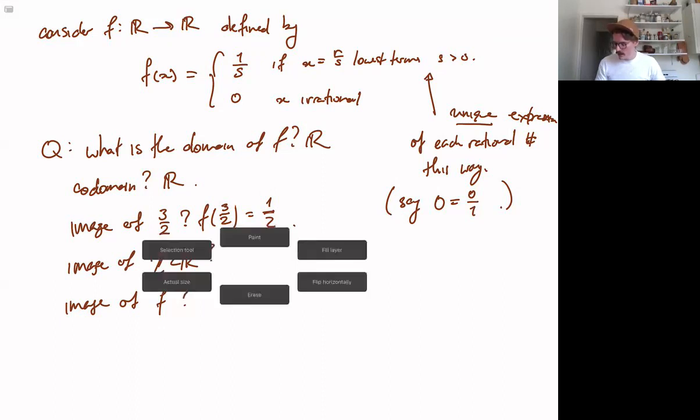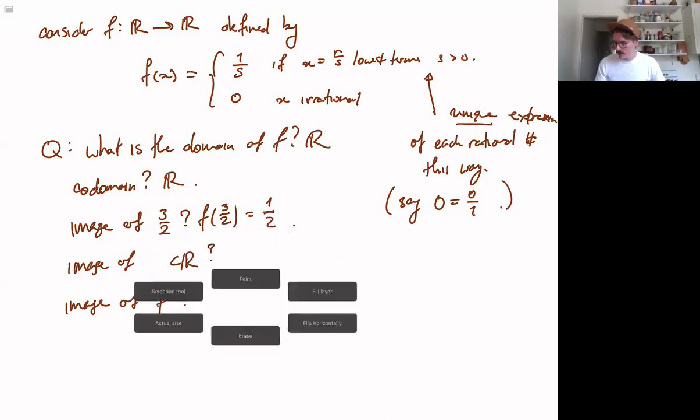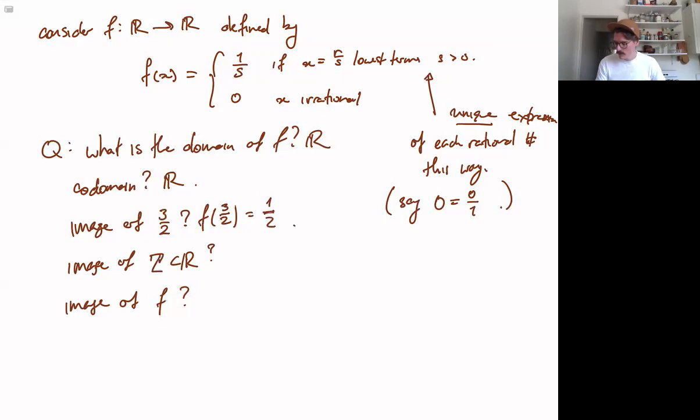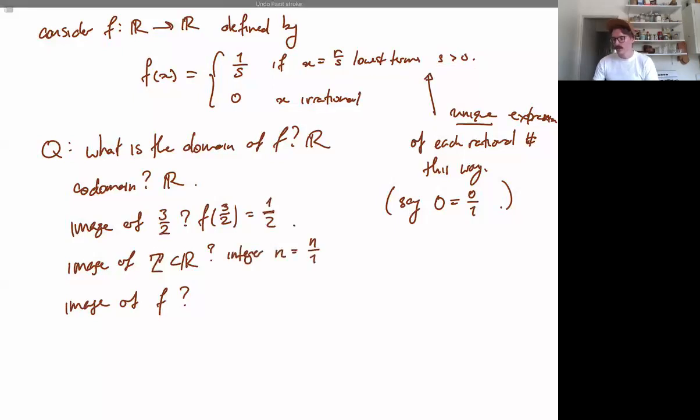What is the image of the integers, which are a subset of R? So an integer, the way we write this in lowest terms with positive denominator is just to write n over 1.